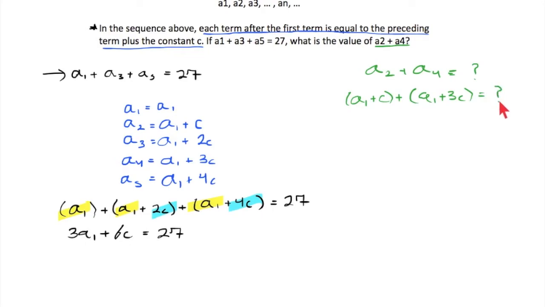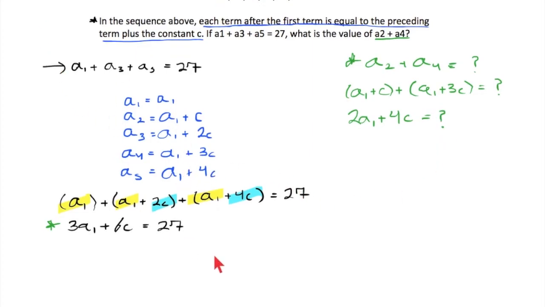We still wouldn't know what it's equal to, but we have unified the thinking of this expression with this equation. I'm just assuming this is going to be helpful. If I simplify this, I have 2a1 plus 4 c's, and I don't know what it's equal to.